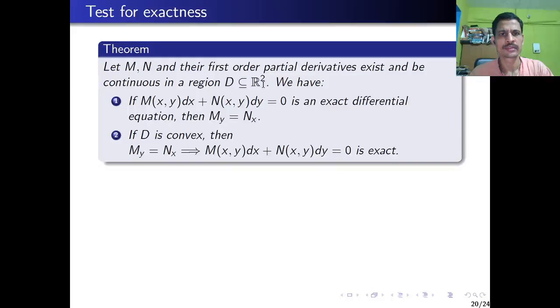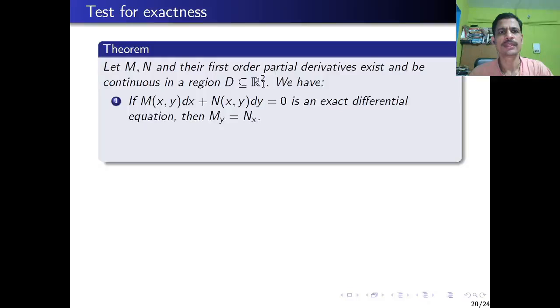So this is going to be a test for whether the given differential equation is exact or not. What is asked is that the M and N in the differential equation, if their first order partial derivatives exist and are continuous on a region, then we have the following: if the ODE M(x,y) dx + N(x,y) dy = 0 is an exact differential equation, then M_y = N_x.